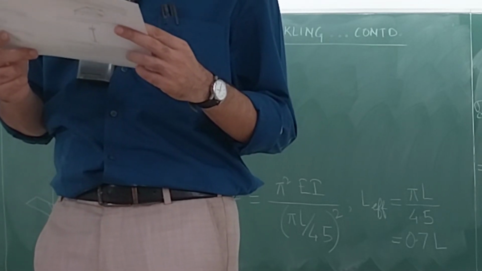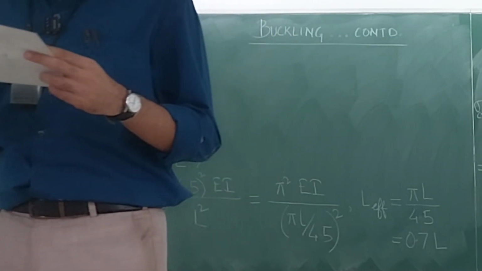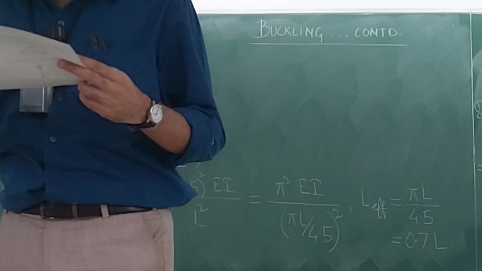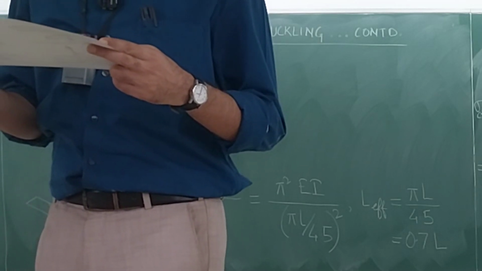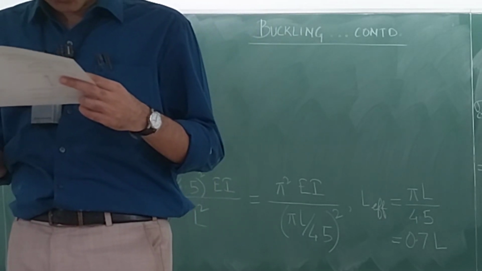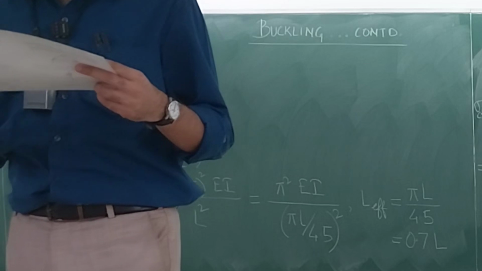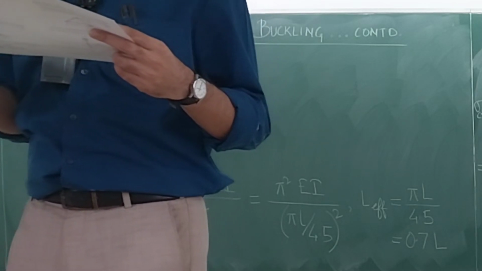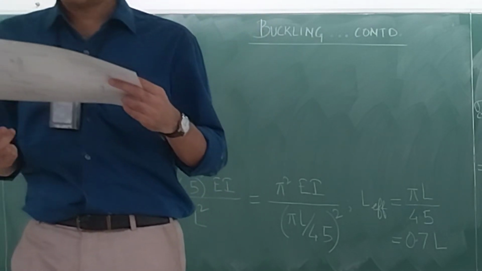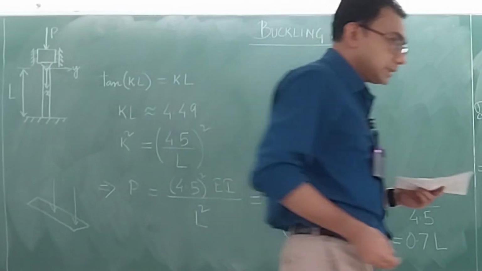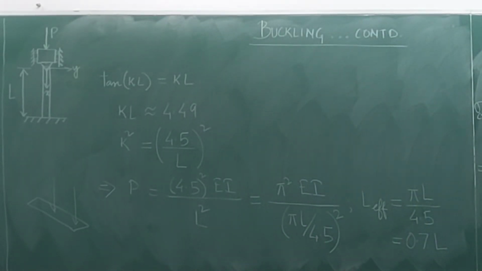Each end of the bar can rotate freely about a horizontal axis through the pin, but rotation about a vertical axis is prevented by the brackets. Determine the ratio b by d for which the factor of safety is the same about the horizontal and vertical axis. And then you have to do a calculation. Okay. So I will try to draw a rough sketch of this figure.